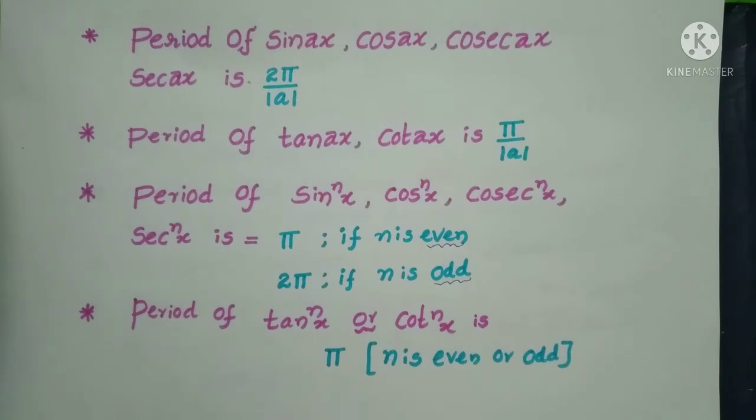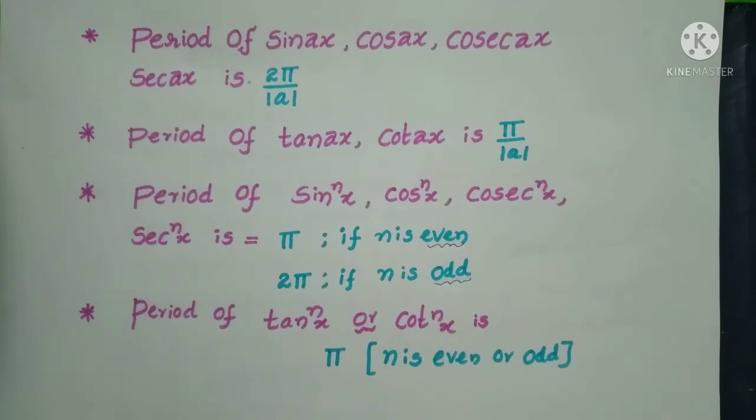Here the 2 gets cancelled, so it equals pi. This is the formula for sine ax, cos ax, cosecant ax and secant ax. The second one: the period of tan ax and cot ax is pi by mod a.